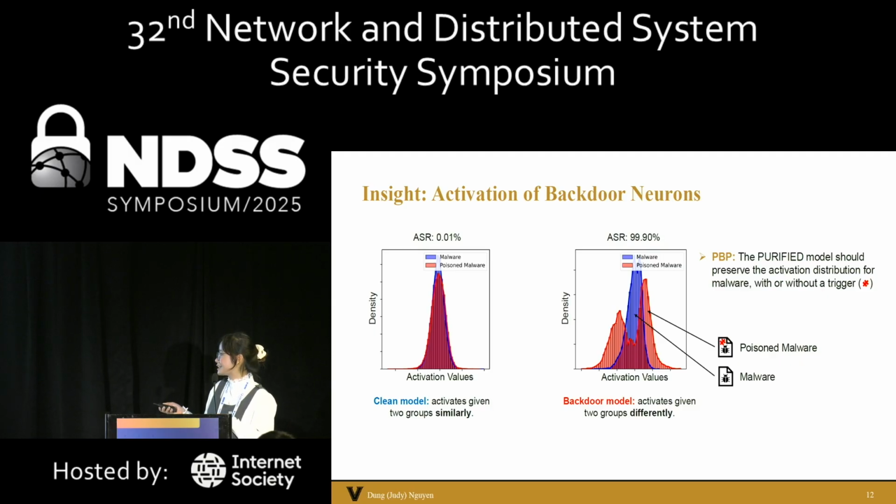We can see that with the clean version, the model treats these two groups almost similarly. That's why the attack success rate is 0. But in the backdoor version, the adversary manipulated the model in a way that makes the model think these two groups belong to different groups. That's why the adversary can attain almost 100% attack success rate.